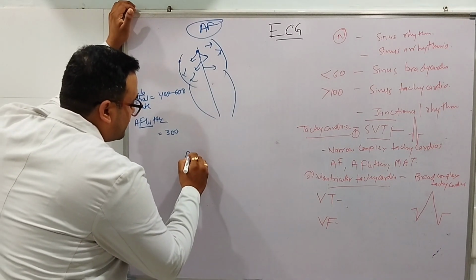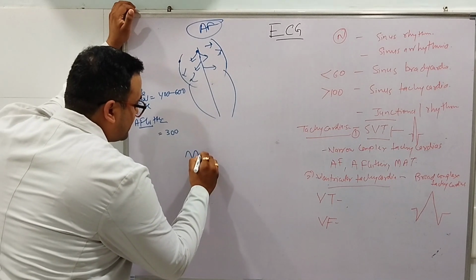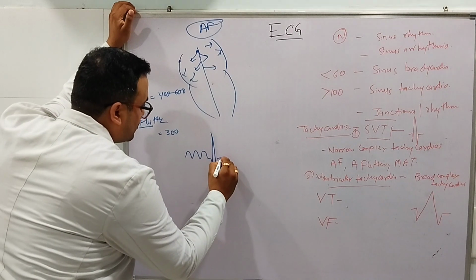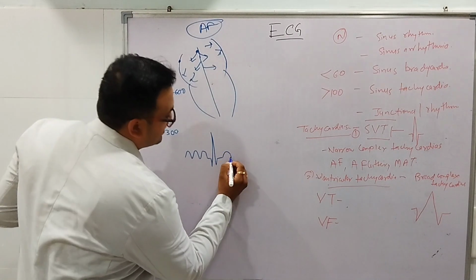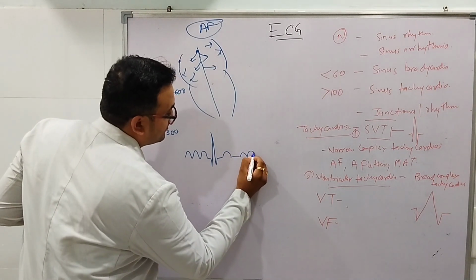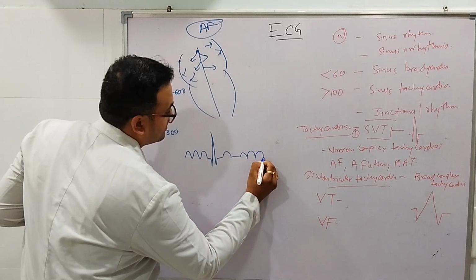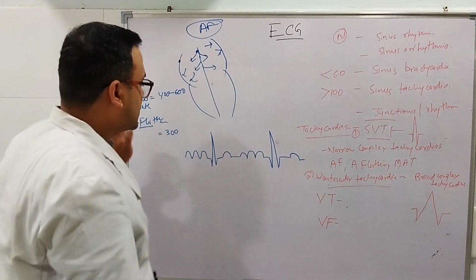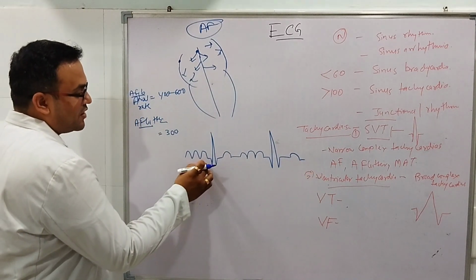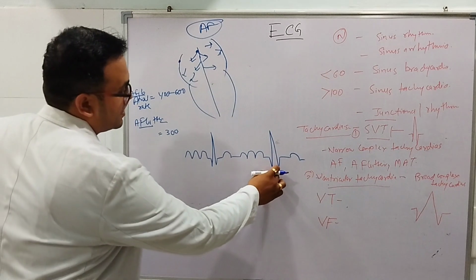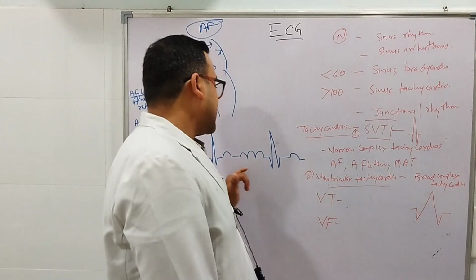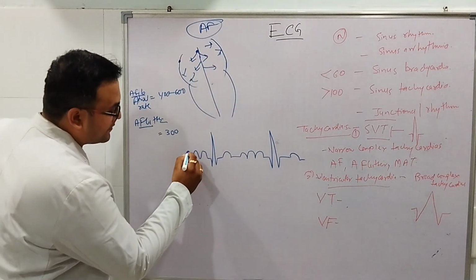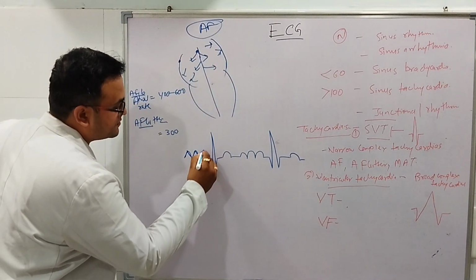So 1 P wave, 2 P wave, 3 P wave, and there is a QRS complex, T, then P, QRS complex, and T. Some of the P waves are conducted to the ventricles, and other P waves are not conducted, and they give the appearance of sawtooth.